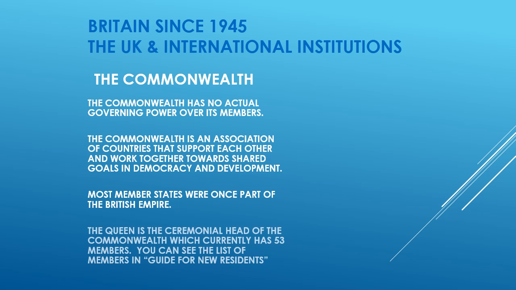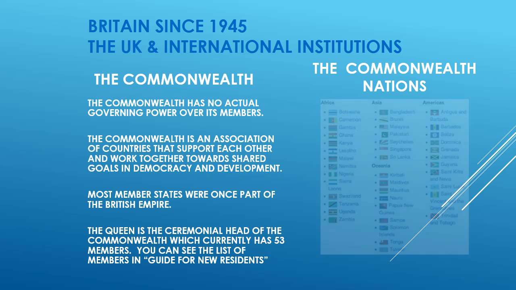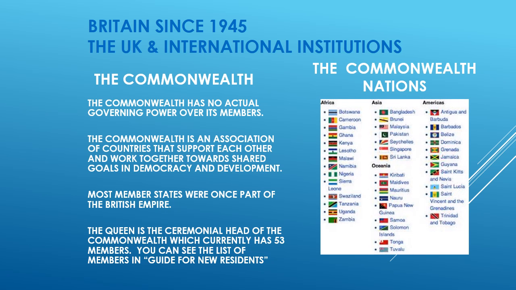Of course, the Queen is the ceremonial head of the Commonwealth, which currently has 53 members. And this slide shows on the right-hand side all those member countries that make up the Commonwealth of Nations. This list can be seen in the Citizenship Guide.